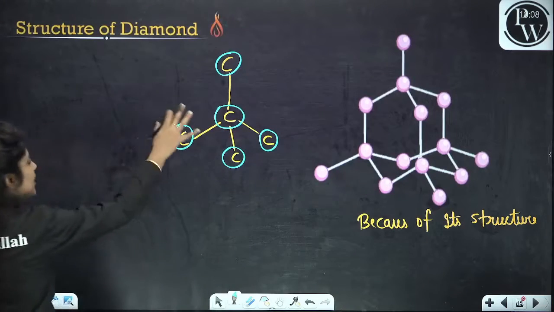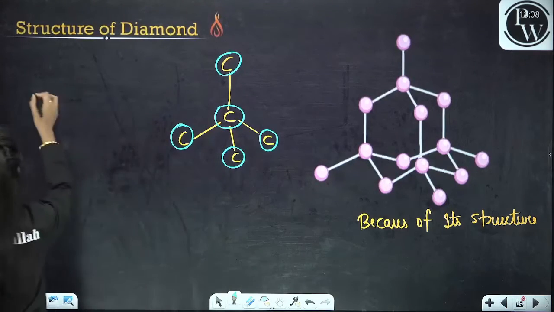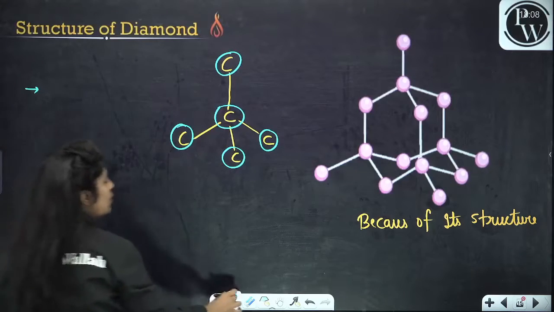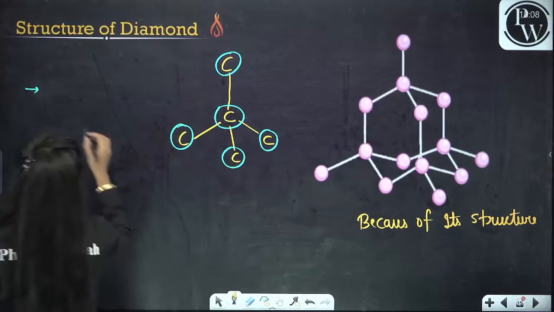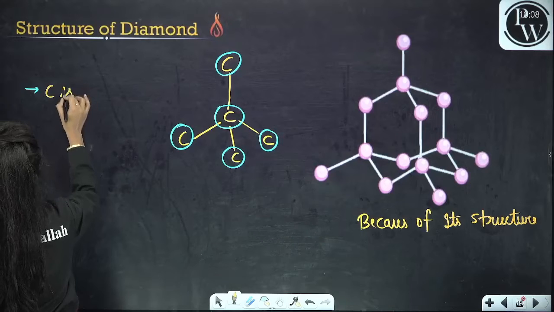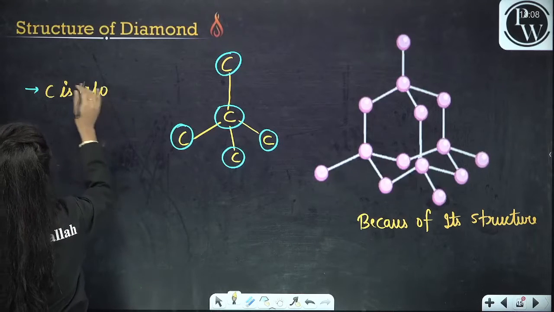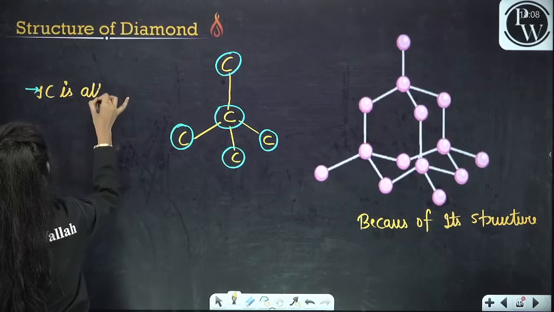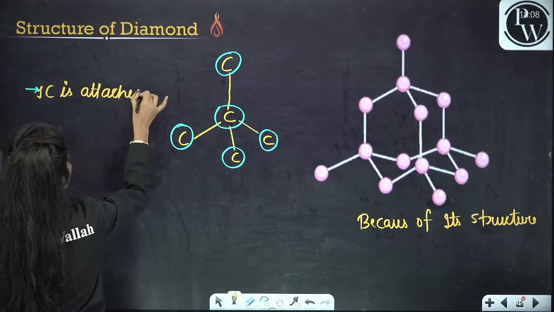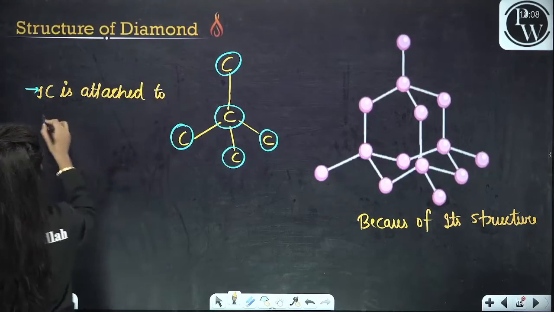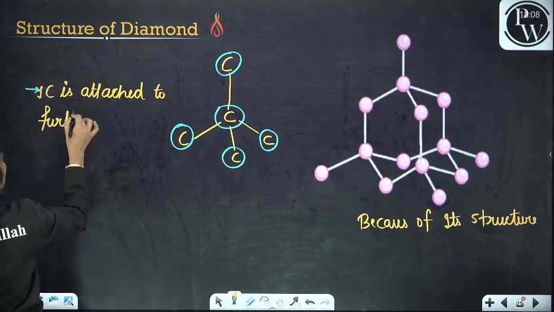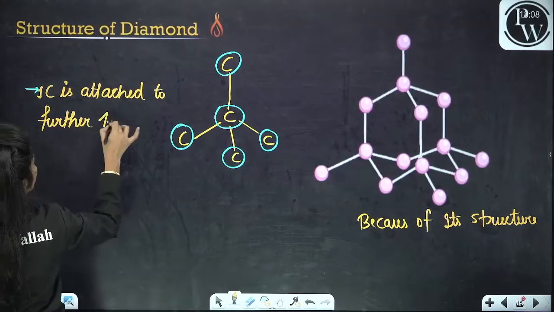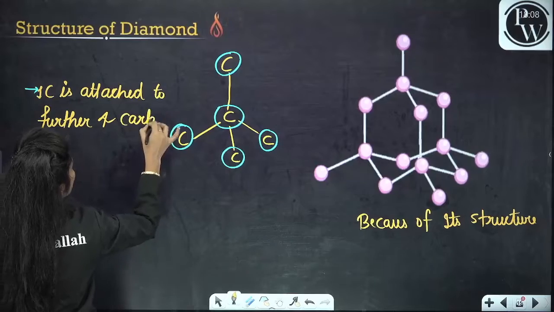So in diamond, one carbon is attached to further 4 carbons.